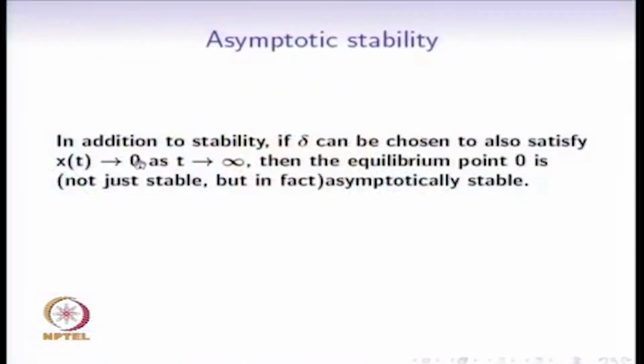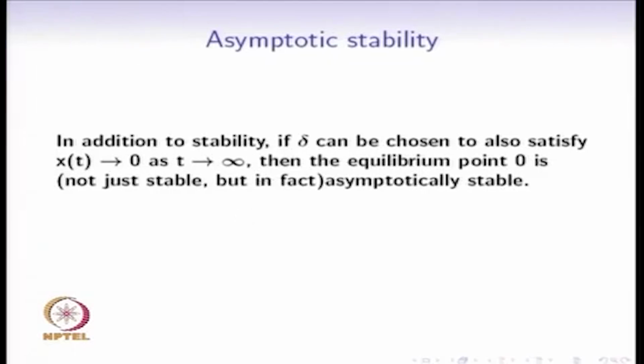This delta which was chosen to satisfy this condition, in addition to that, if it can also be chosen to satisfy this additional condition that the solution converges to 0, the equilibrium point, as t tends to infinity, then that equilibrium point is not just stable, but also asymptotically stable. It was already stable because delta satisfied the condition that the definition of stability required. In addition to that condition, delta satisfies this additional condition, and hence that equilibrium point is asymptotically stable.